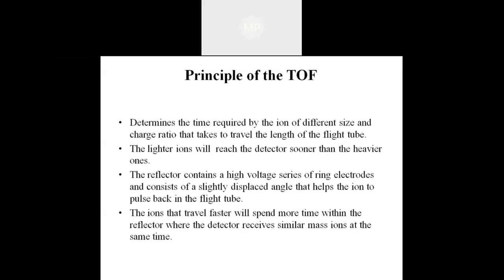The ions that travel faster will spend more time within the reflector, so the detector receives similar mass ions at the same time. So basically the TOF analyzer is higher in resolution than the other analyzers, and it is applicable only for microbiological purposes.